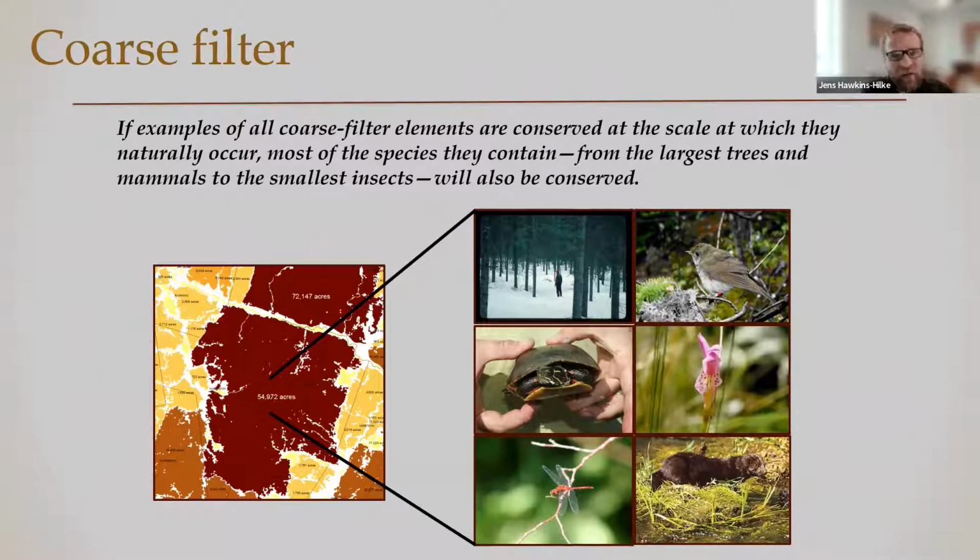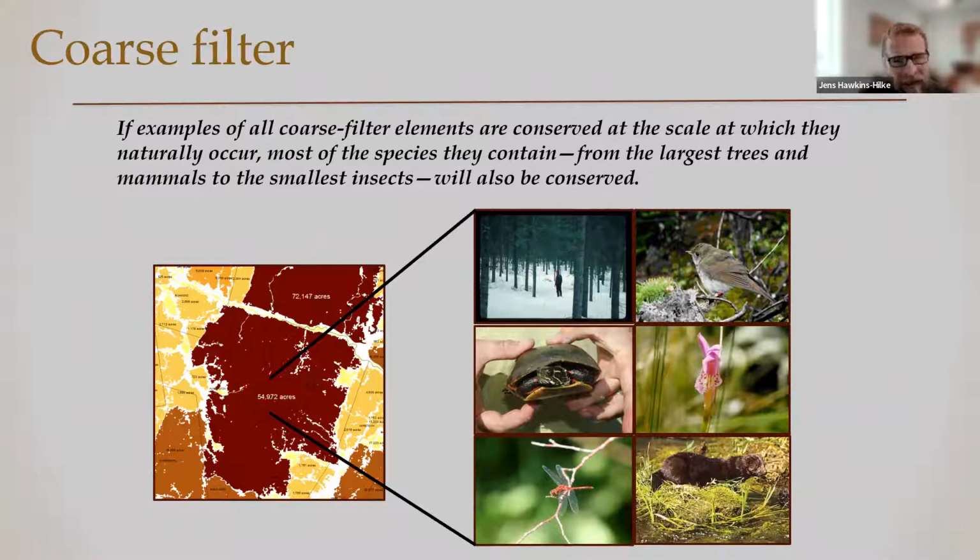They may have small home ranges or whatever that are going to come with you when you conserve that forest. And I mean that word conserve in all the senses of the word. So we're thinking about conservation at the scale of forest blocks as a coarse filter for this whole suite of species that rely on these forested ecosystems.